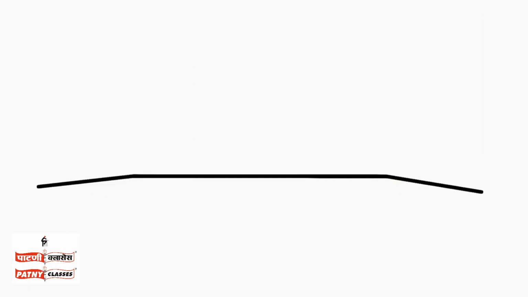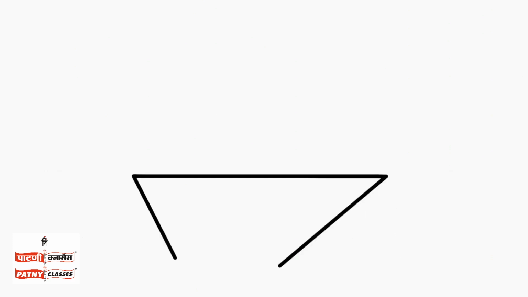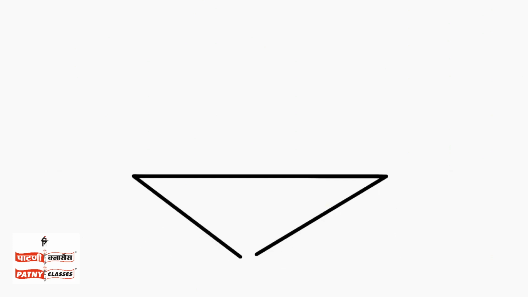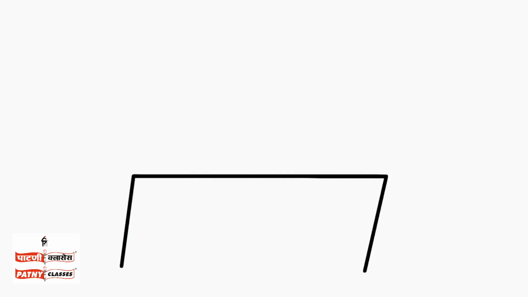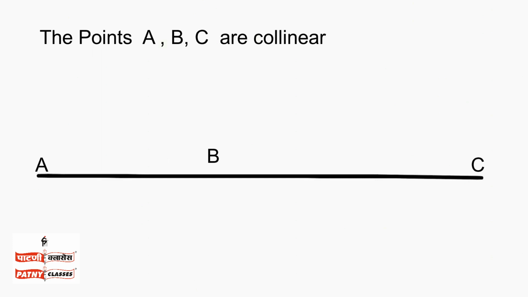We know that a triangle is formed by three sides and three vertices. Suppose we open the two sides and make them collinear with the base of the triangle. Thus the points A, B, C become collinear. Area included by three collinear points is always equal to 0.